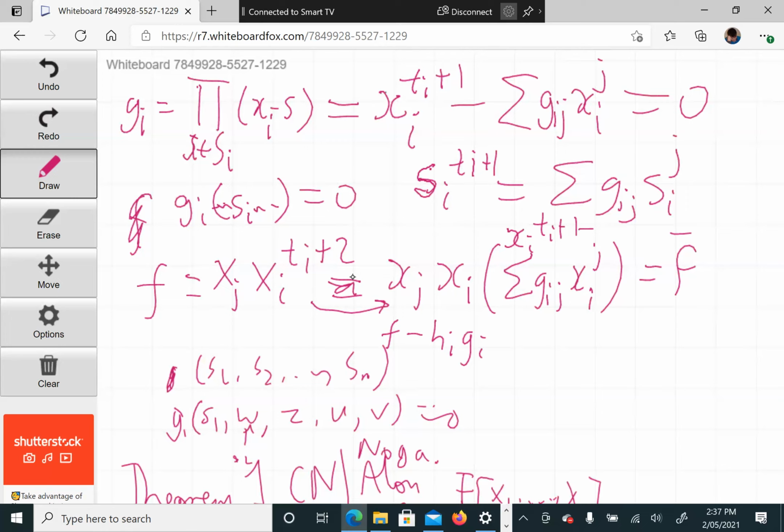Notice the degree of hi has to be less than the degree of f minus g. So we need to check the condition: the degree of hi is always less than or equal to the degree of f minus the degree of g.